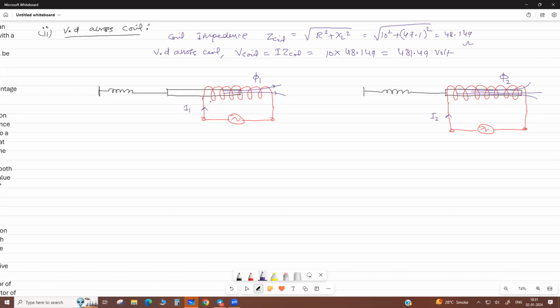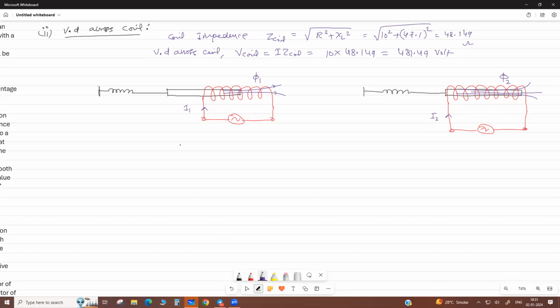If we remove the core, it draws more current, so current is high and flux is less. But when we use a soft iron core inside, there is more flux linkage and less current. It draws less current and more flux if the core is inside.